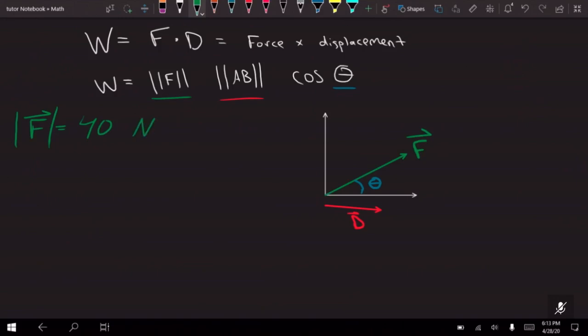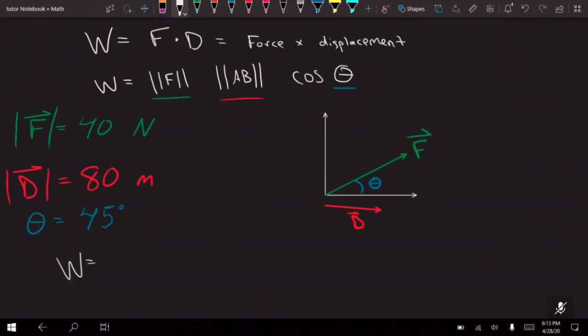Here we have the force is equal to 40 newtons. We're going to have a displacement of 80 meters. And our force is going to be applied at an angle of 45 degrees with respect to the positive x-axis.